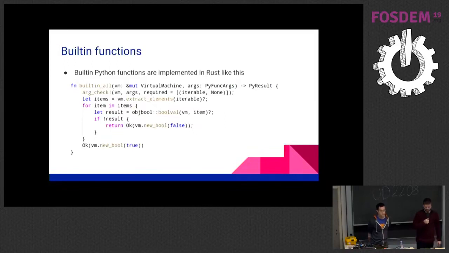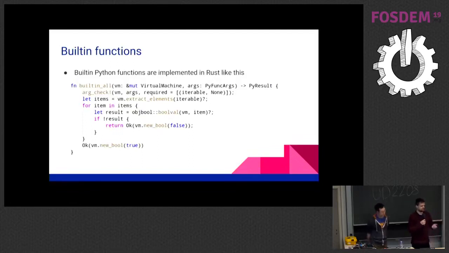And here you see the syntax of how you want to implement a function in Rust, which is then exposed to the Python world. So when this function is called, you will see that it has pyfunc_args as an argument, which contains all the positional arguments and the keyword arguments as they are in Python. And then there's an argcheck macro.